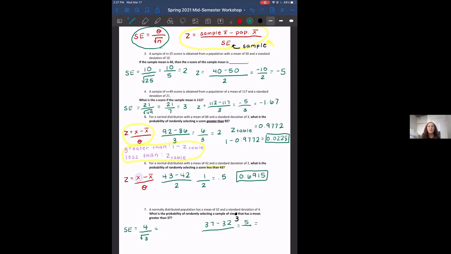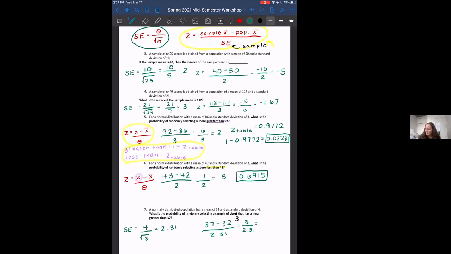Good, 2.31, thank you. Okay, so now we just have to do 2.31 right here. Okay, so 5 divided by 2.31. Can anyone tell me what that is? 2.16, yes. Good.